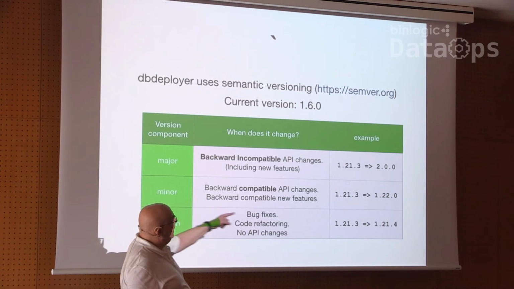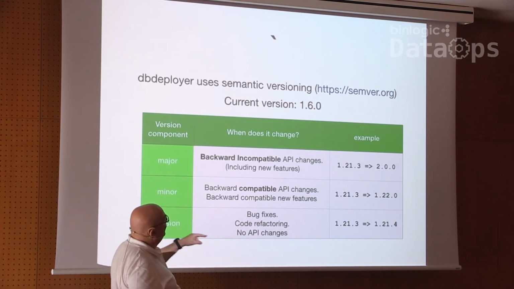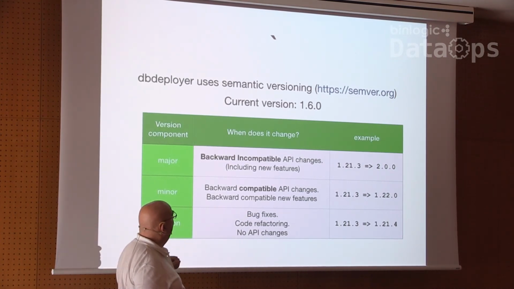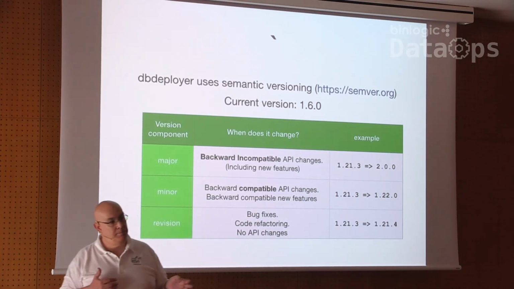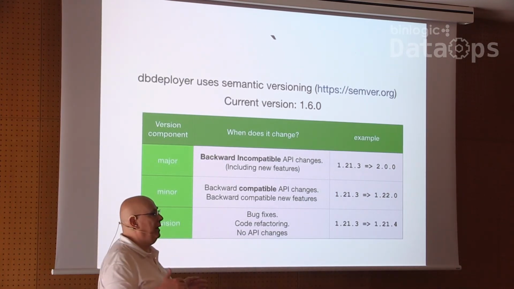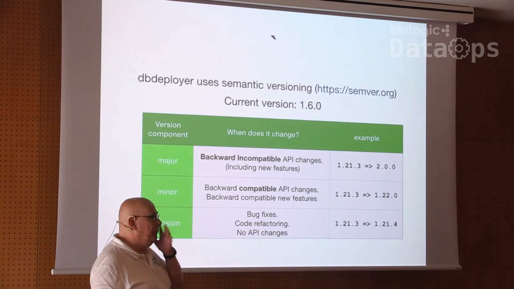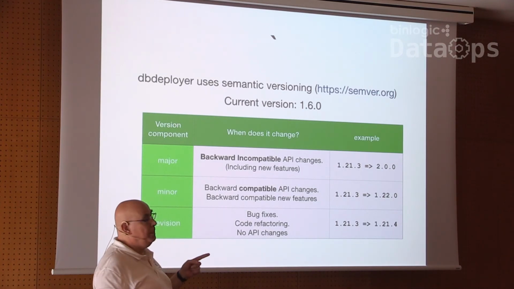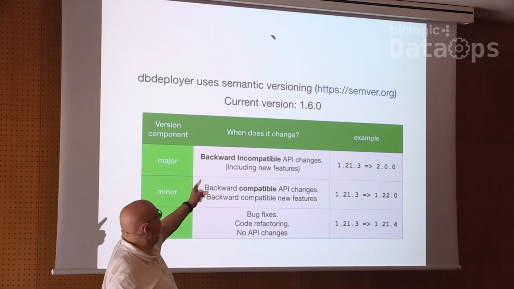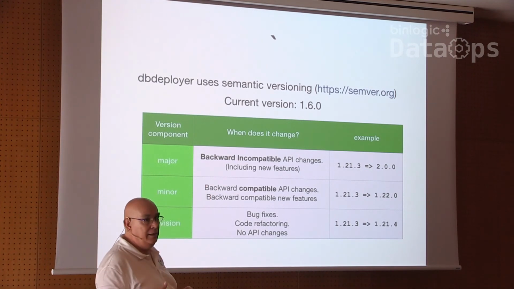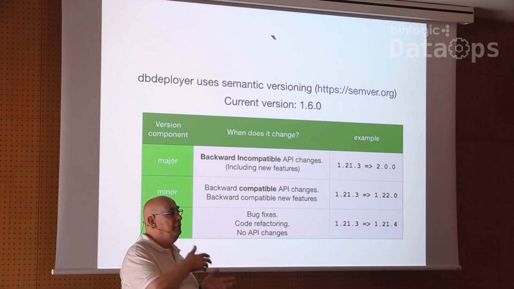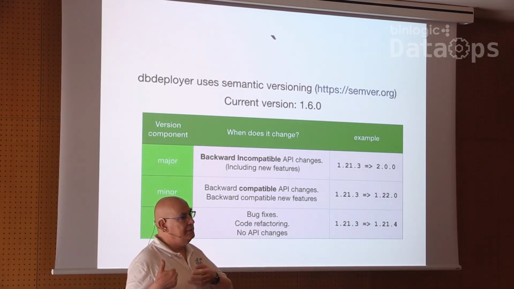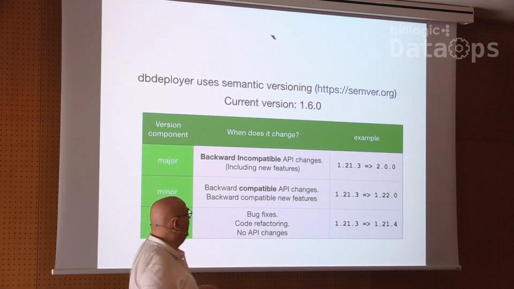If I change the minor, so from 1.2.1 to 1.2.2, it means that there are new features, and the features are compatible. I'm not breaking anything, but there is something new that you can use. For example, here it went from 1.5.3 to 1.6.0. It means that there are new features that are compatible.